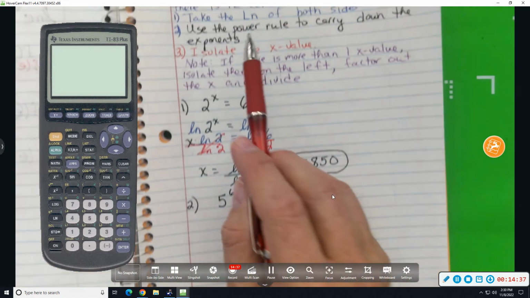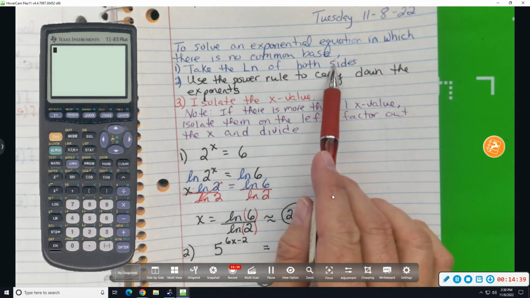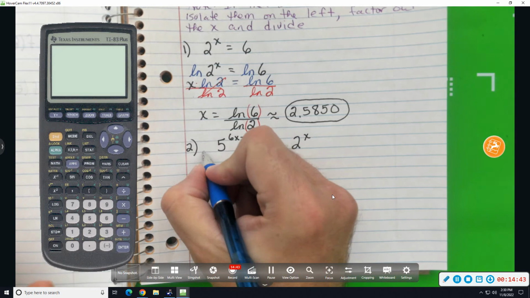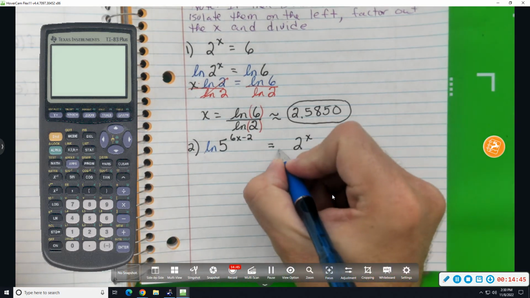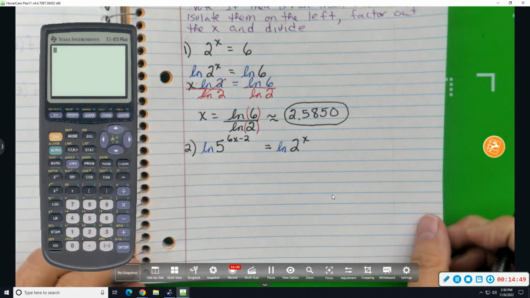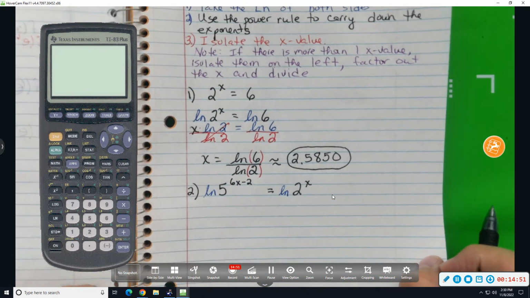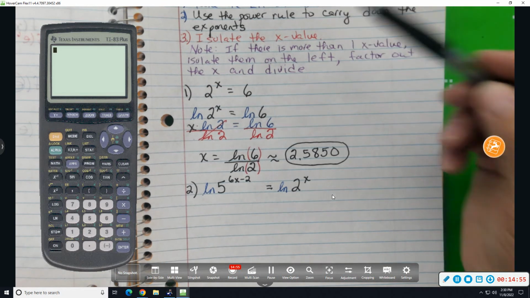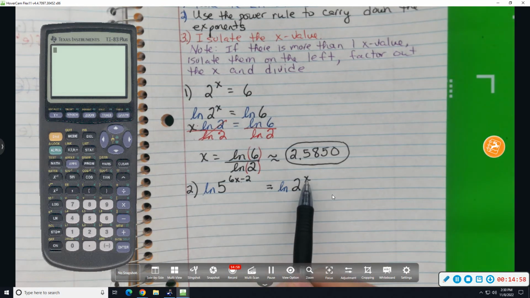Take the natural logarithm of both sides. So by that, you just stick ln in front of each side. Then use the power rule to carry down the exponents. Here there's exponents on both sides.